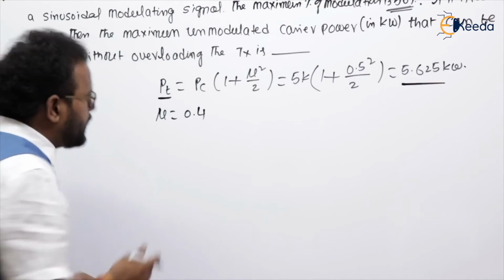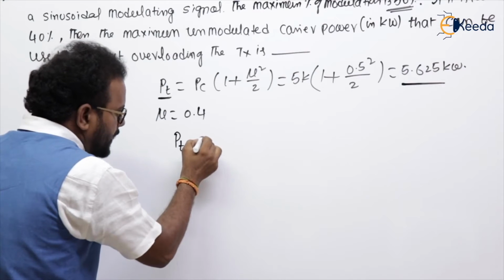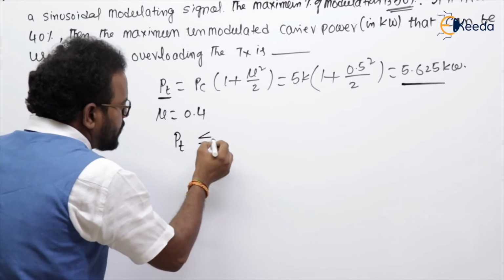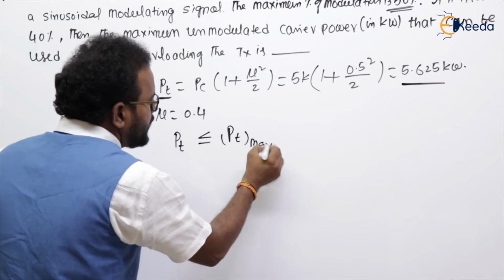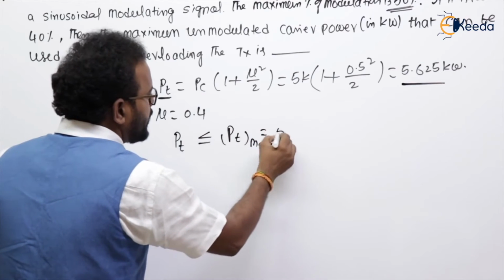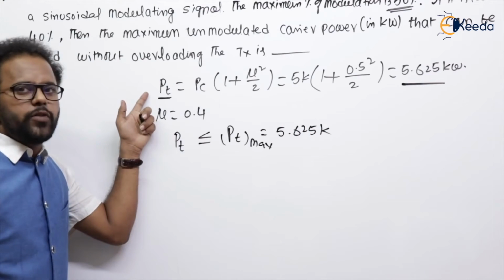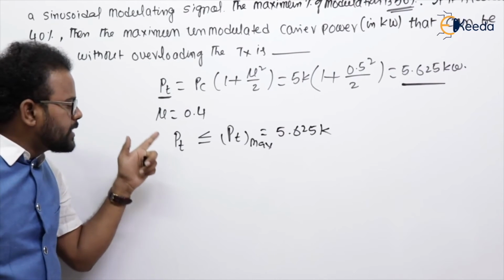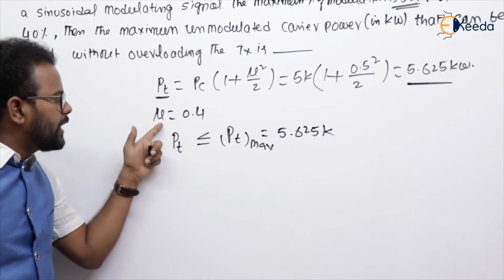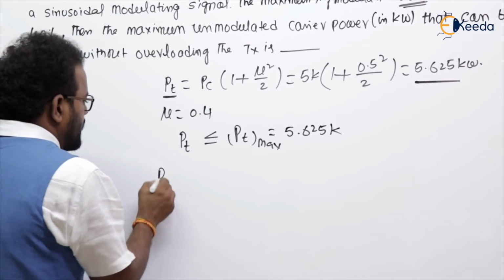Without overloading means the total power should not be greater than, so it should be less than or equal to PT max, or PT what you calculated here, 5.625. Up to here if you are working, no overloading. Then what is the maximum value of PC I can take if mu value is 0.4?